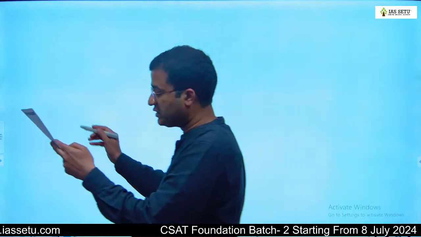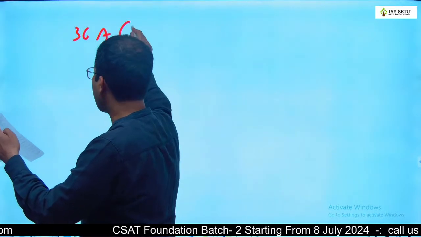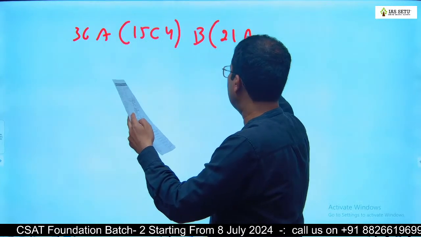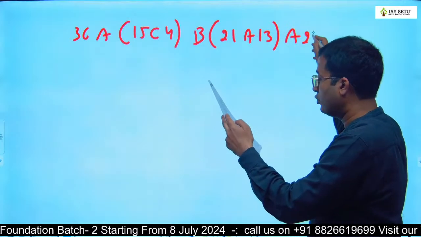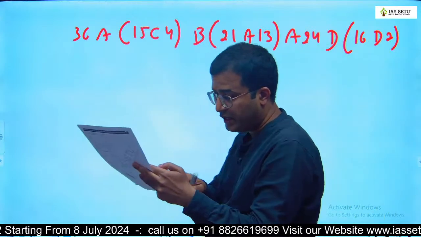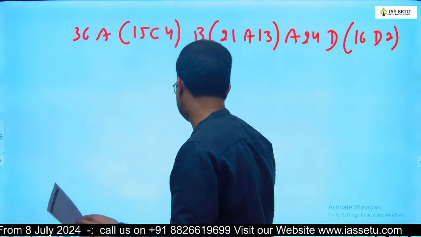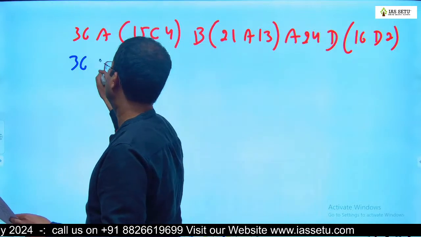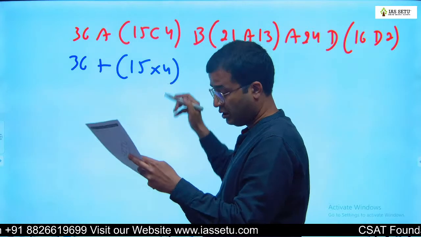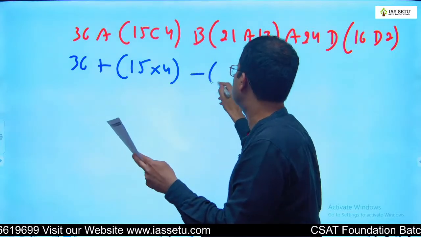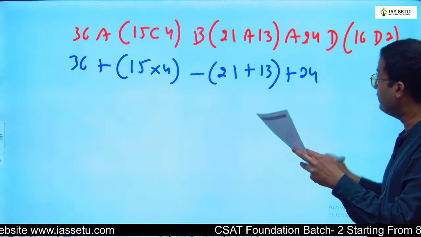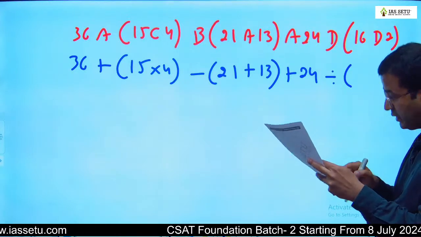Question number 5 here is 36A bracket 15C4 bracket close B 21A13 bracket close A 24D bracket 16D2 is equal to. Here it is already mentioned A means plus, so you have to change. C means multiply, B means minus, A means plus, D means divided by.